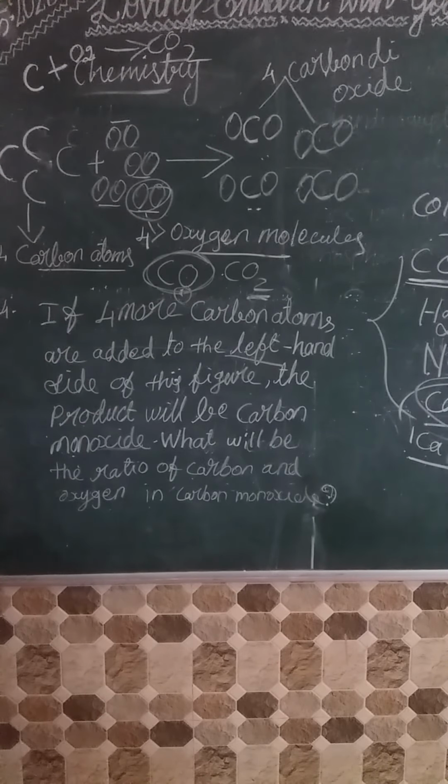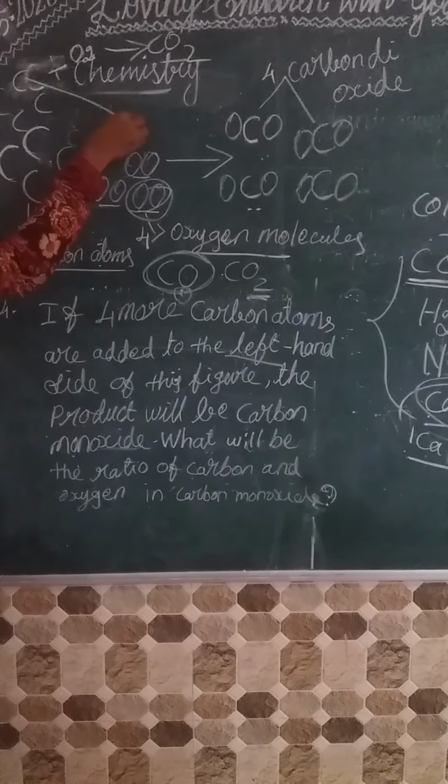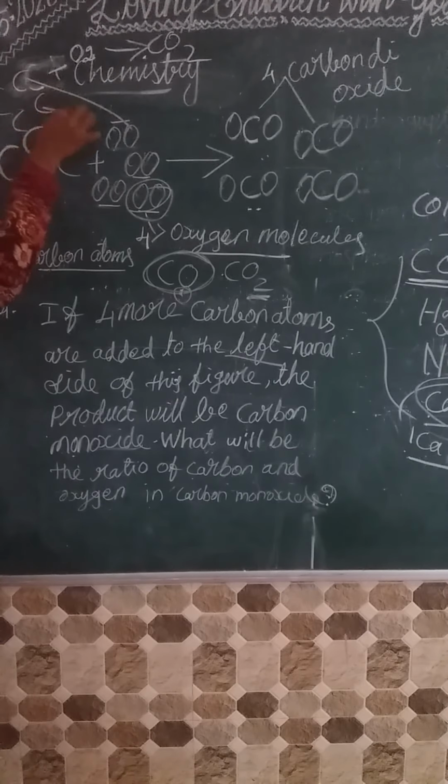Now our question is, if 4 more carbon atoms are added to the left hand side, in the left hand side means we are adding here. We can add 4 more carbon, 1, 2, 3, 4. Now one carbon reacts with one oxygen.